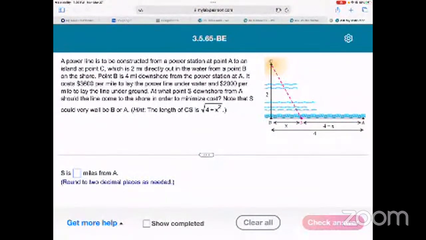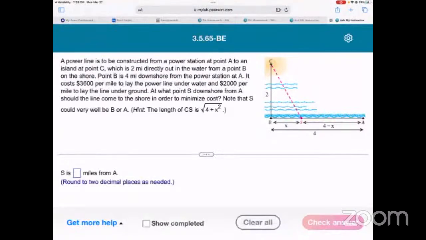It costs $3,600 per mile to lay the power line underwater and $2,000 per mile to lay it under the ground. Oh, I see. So part of it's underground and part of it's underwater. At what point S, downshore from A, should the line come to the shore in order to minimize the cost? Note the S could very well be B or A. Hint: the length of CS is there.